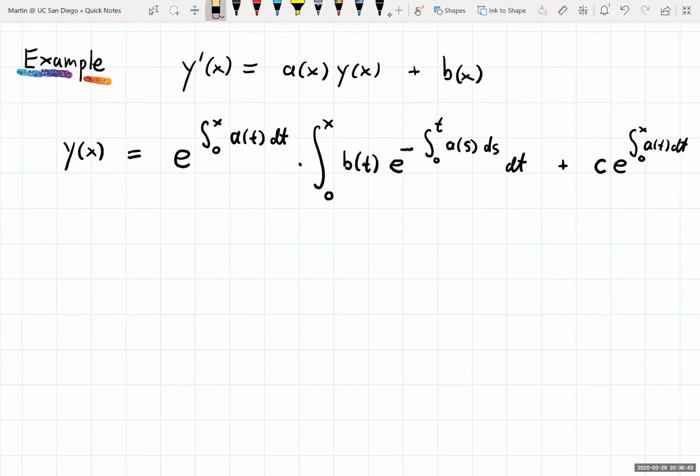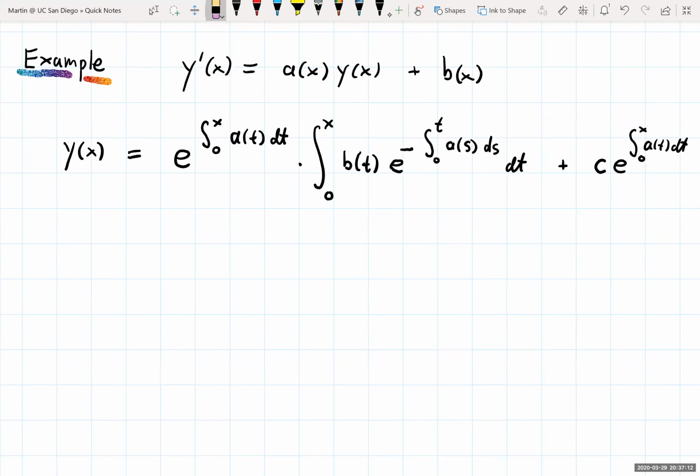So y of x is the same as take the exponential of the integral from 0 to x of the function a of t dt, multiplied by the integral from 0 to x of the function b of t times the exponential of minus the integral from 0 to t of the function a of s ds.